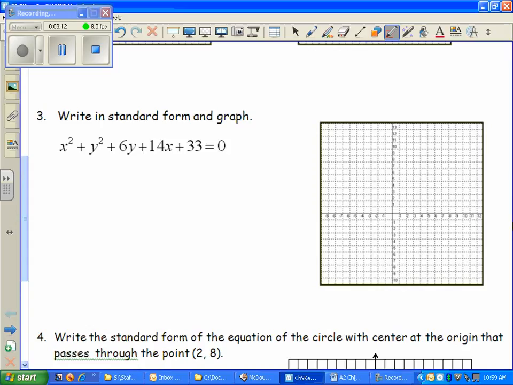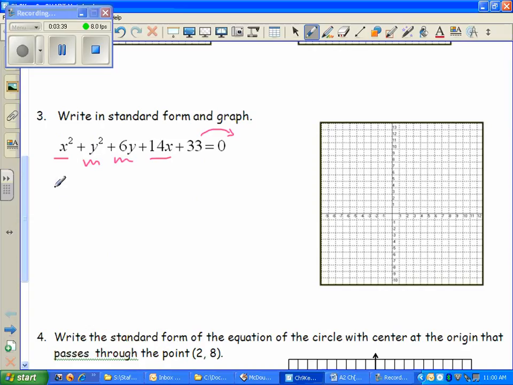In order to get this problem ready for completing the square, I need to move any constants to the opposite side, so the 33 will move over and be negative 33. And I also need to group my x's together and group my y's together. Now, one thing that is really nice about this problem is that they do not have a coefficient on our x squared or on our y squared. We also have a positive here, which makes it also easy.